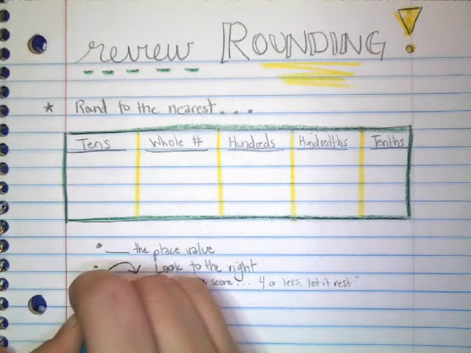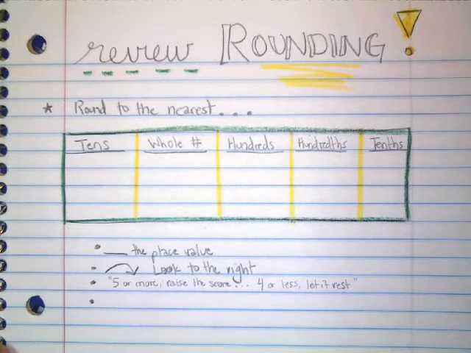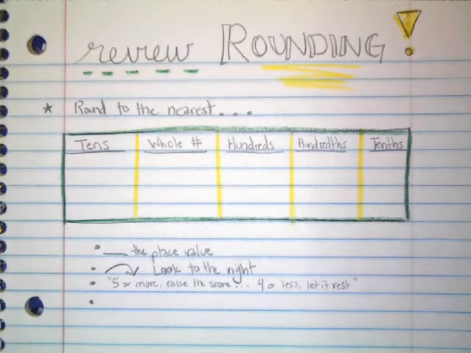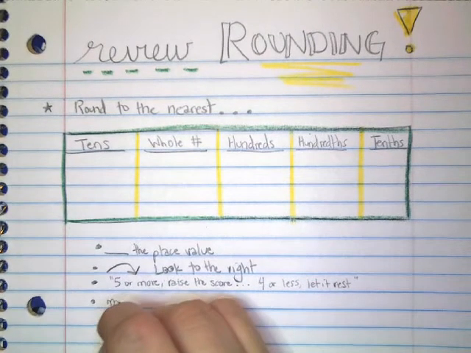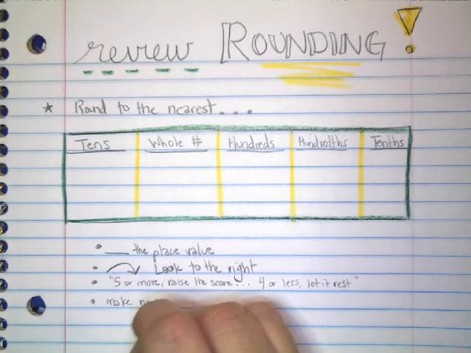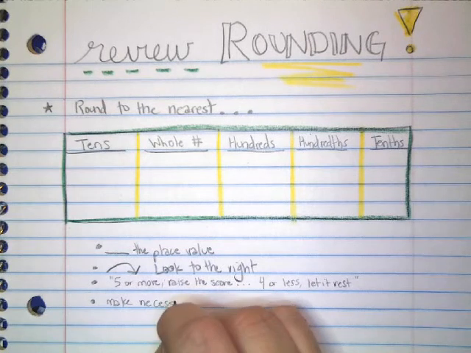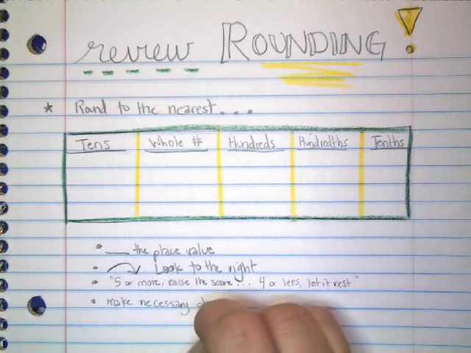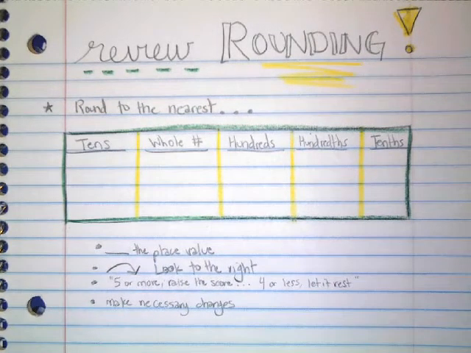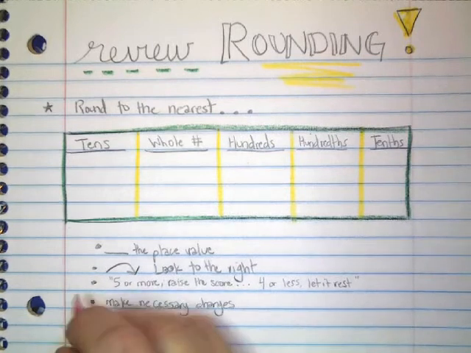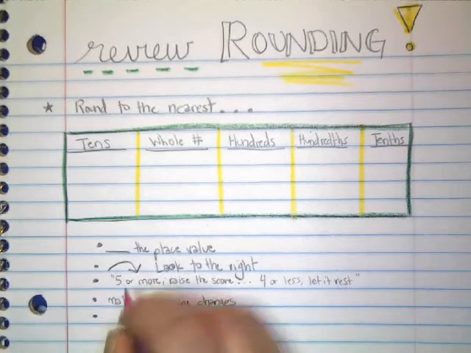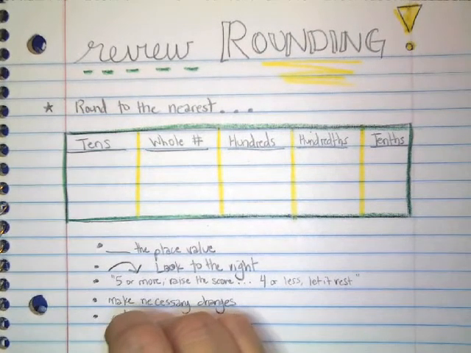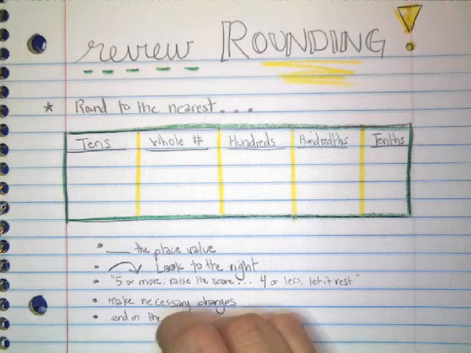Make necessary changes is the next step. And end in the place value they asked for.